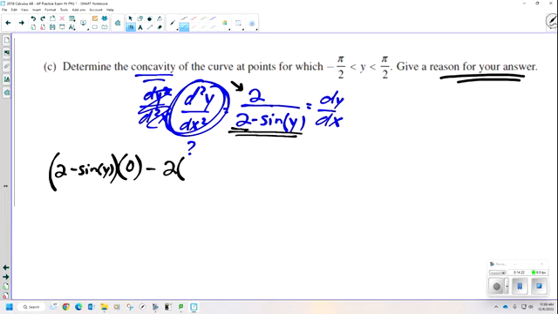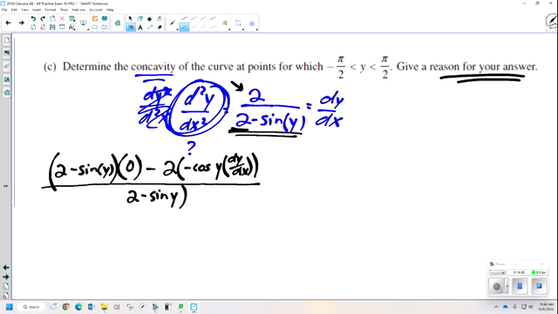The derivative of negative sine of y is negative cosine of y, again implicit differentiation, times dy dx. I draw a line and square below: 2 minus the sine of y, the whole thing squared.